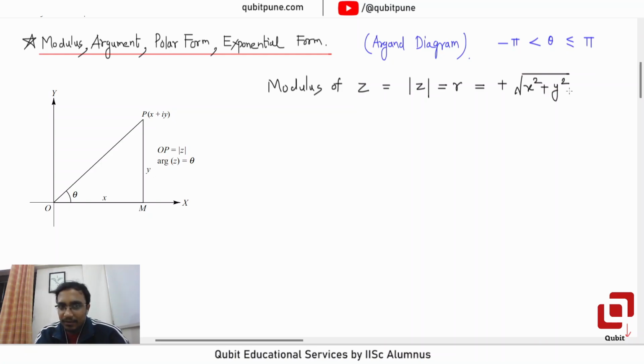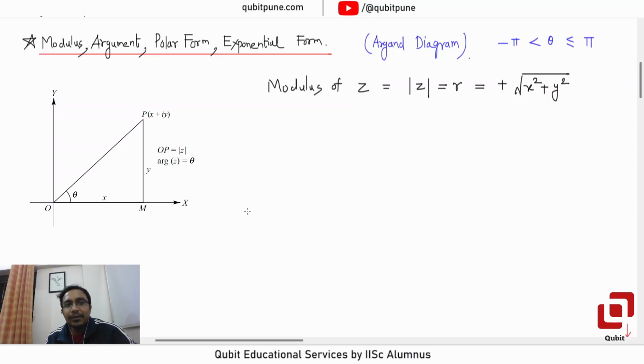Okay, that is the modulus of z. To define the modulus of z, you don't need the Argand diagram. But to define the argument of z, we do need the Argand diagram, or otherwise we have to classify and consider different combinations of x and y, especially their signs. Okay, fine. So modulus of z is clear.